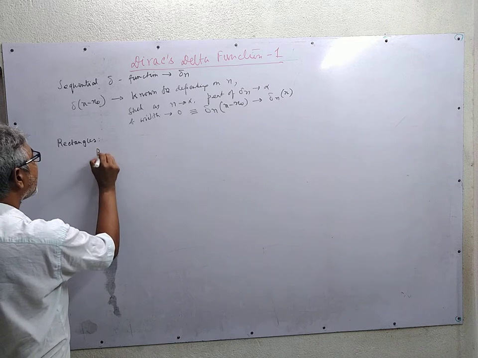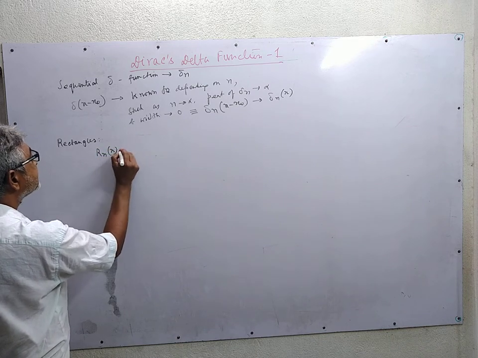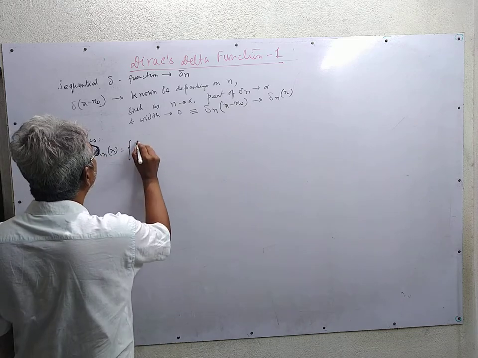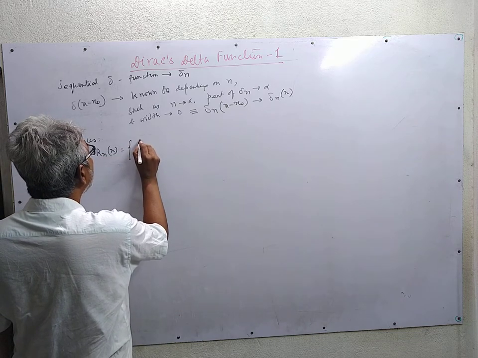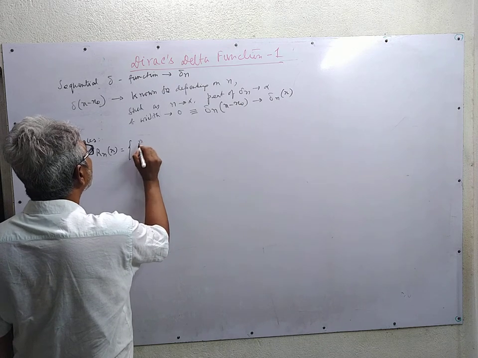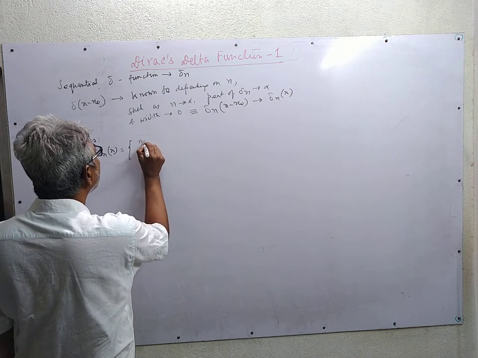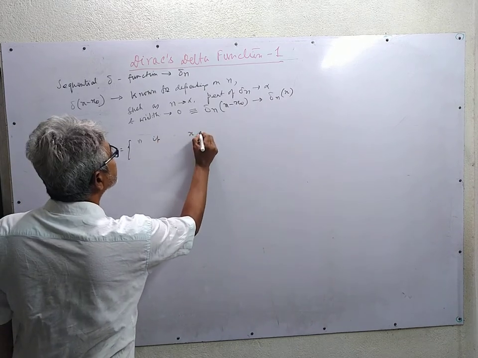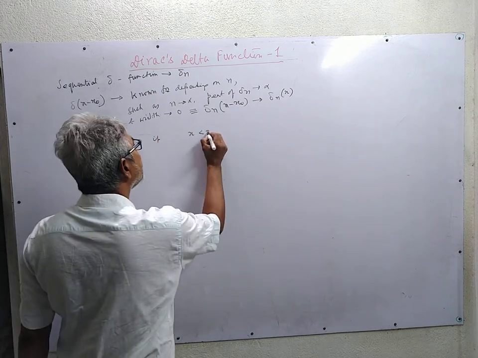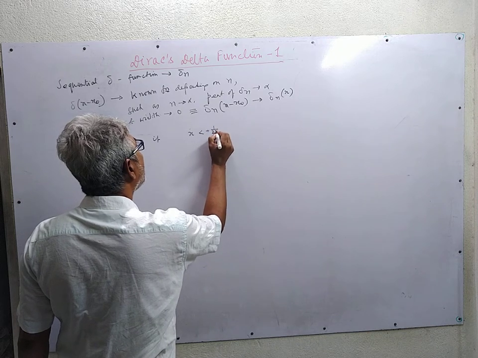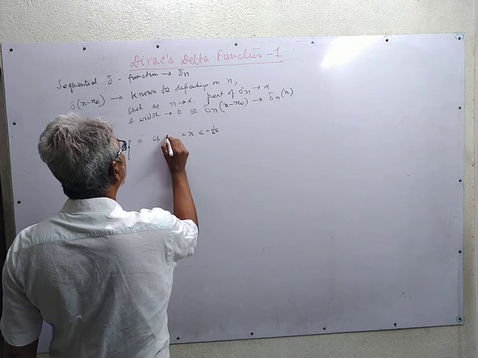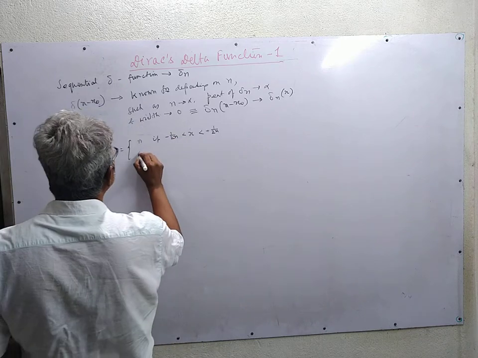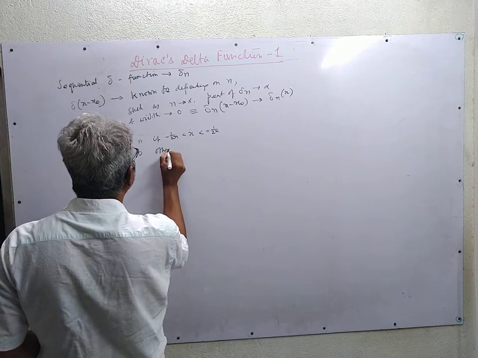Rn of x is defined as n if x lies between minus 1 over 2n and plus 1 over 2n, and is 0 otherwise.